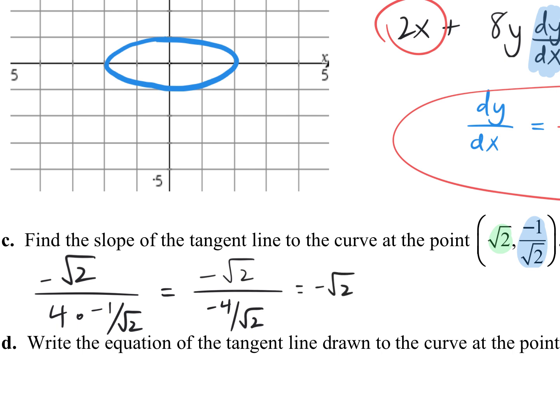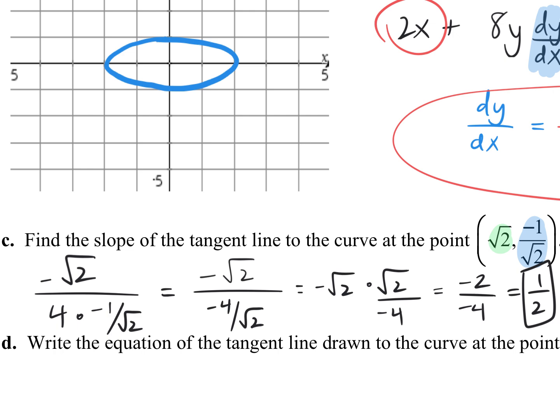So I've got the negative square root of 2 times square root of 2 over negative 4, which is going to equal negative 2 over negative 4, which gives me 1/2. So my slope is 1/2 at that point.